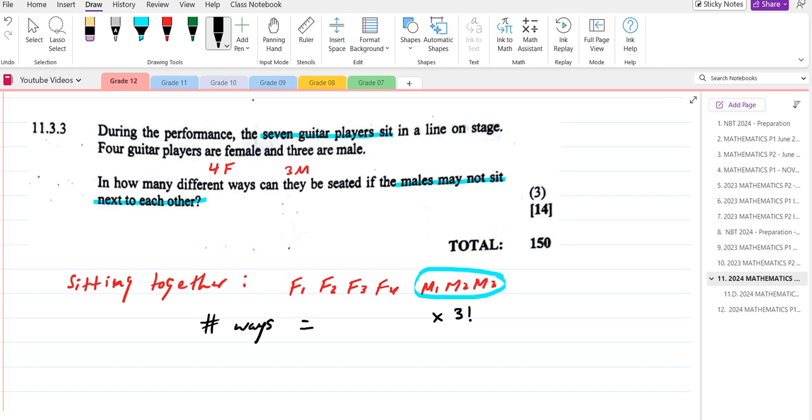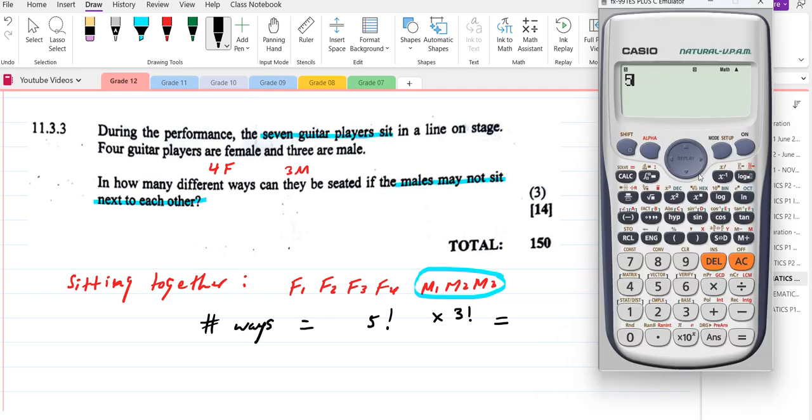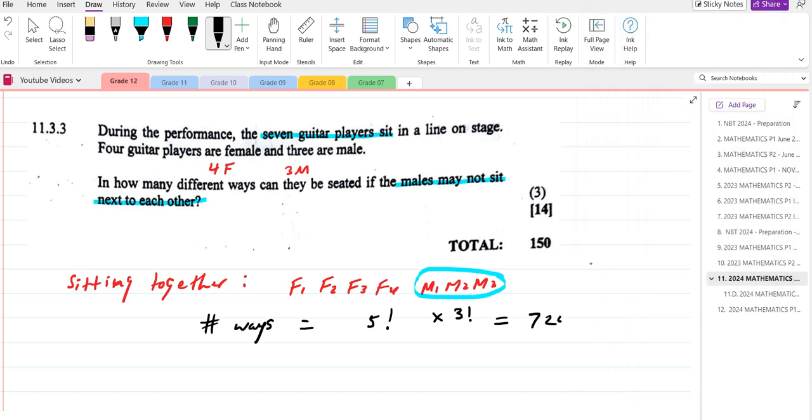So there's 4 females plus 1 entity. So that's 5 factorial times 3 factorial. 5 shift factorial times 3 shift factorial. I've got an answer of 720.